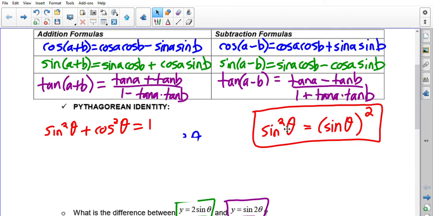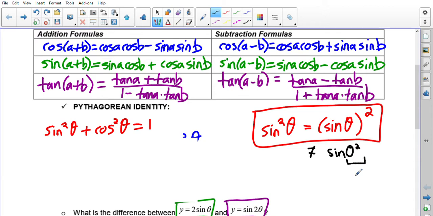So whenever you see something like this, it means this. It does not mean sine theta squared. If it's written like that, then it seems like the theta gets squared first, and then you take sine of that. So this is not good. It's sine theta, that value, all squared.